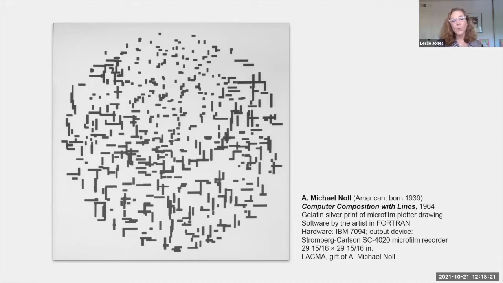By factoring in randomness, Noll and others were seeking to simulate artistic intuition, and we'll see more examples of that. The image was then output to microfilm using the Stromberg Carlson, the limitations of which, as Noll admits, informed his selection of the Mondrian as a test case. According to Noll, quote, "the microfilm plotter is presently limited to producing black and white pictures composed of connected and disconnected line segments.